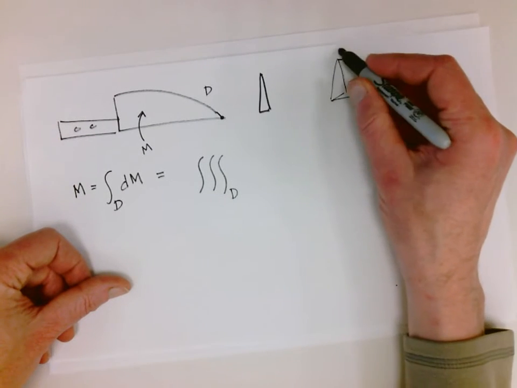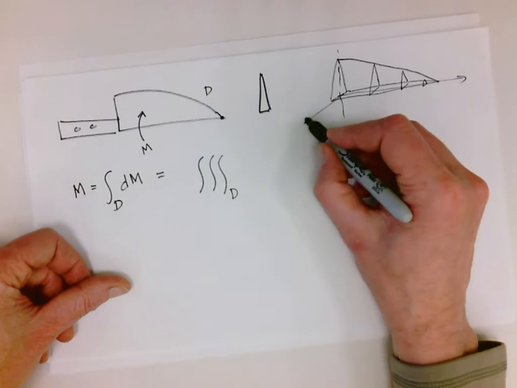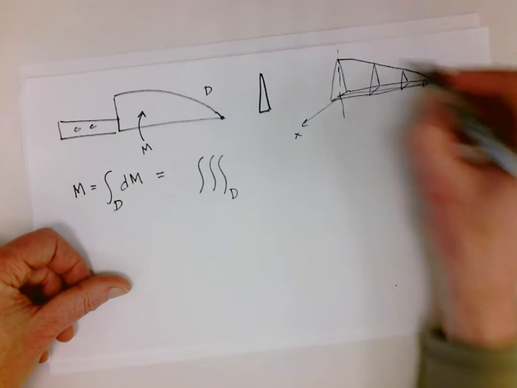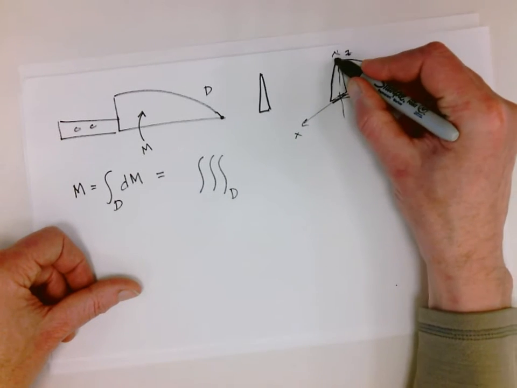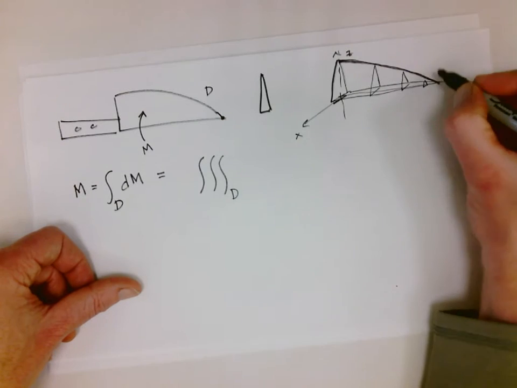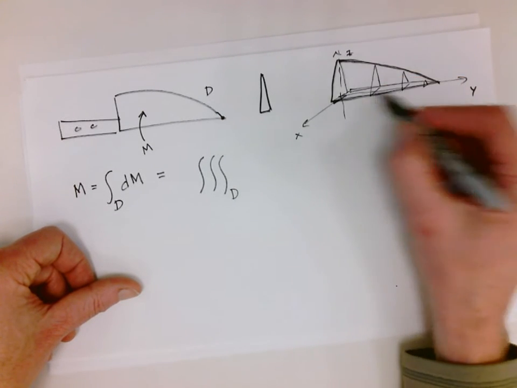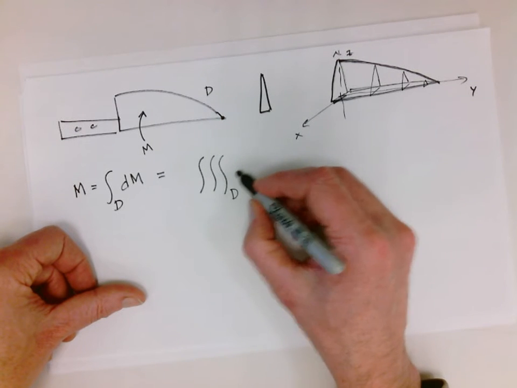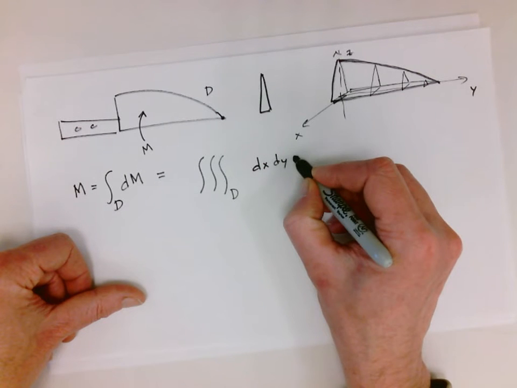If I create my coordinate system here, let's make this x, this y, and this z. So you can see I've got this region that's defined in x, y, and z. And I could think about dividing that region into little chunks, dx, dy, dz.